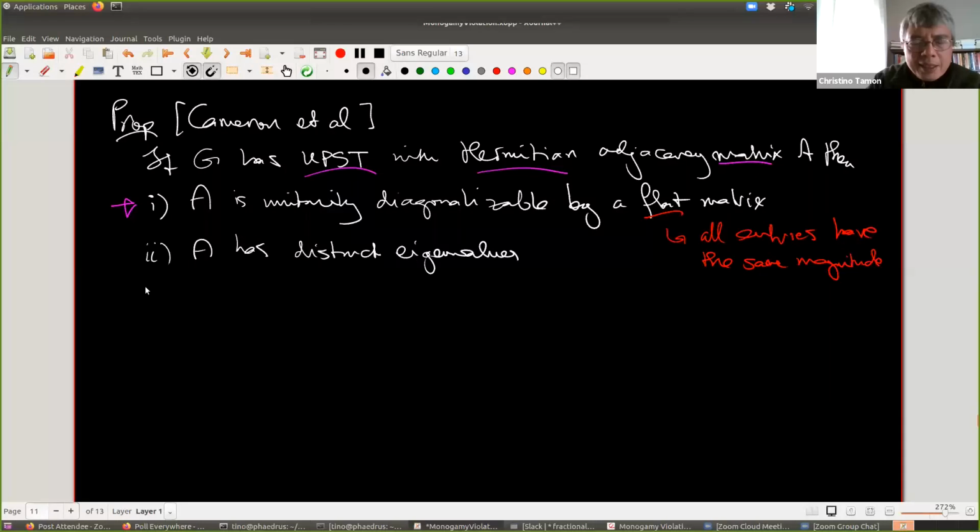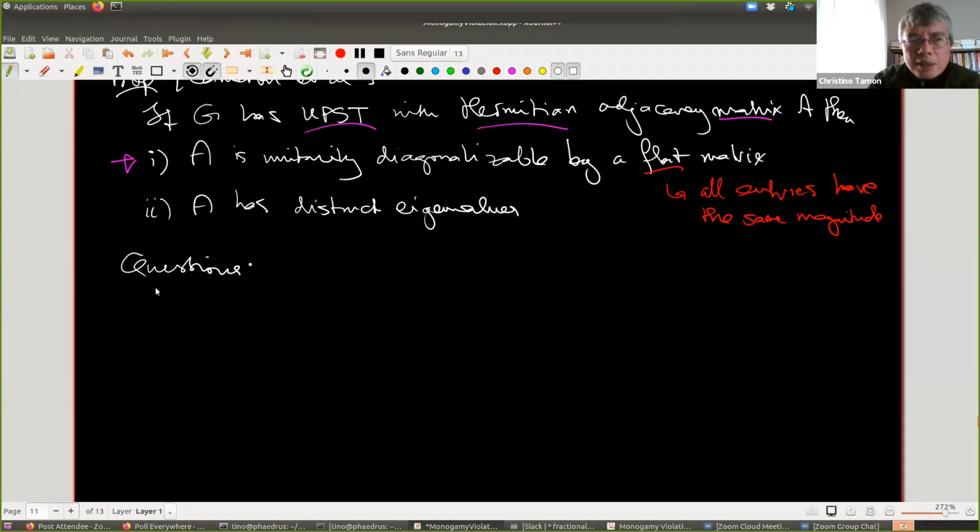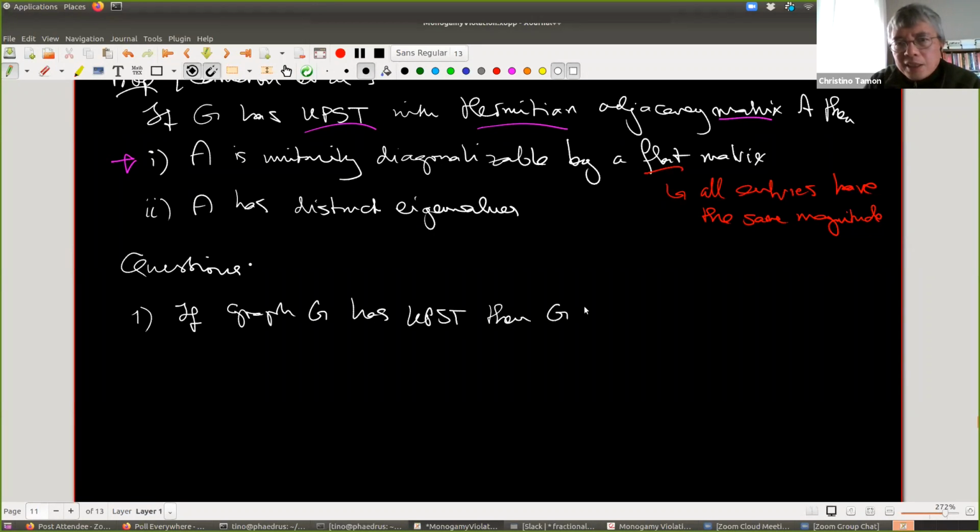So there are some questions that came out after this work. Most examples we know tend to be circulants. So it made us suspicious, and we asked the following question: if graph G has a universal PST property, then G is a circulant, or rather the matrix is a circulant.